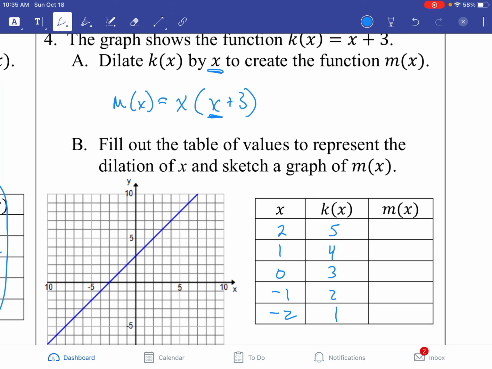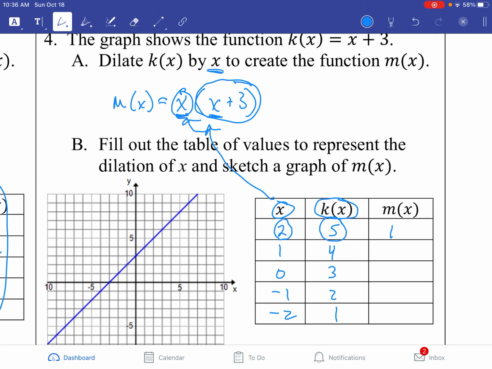We'd have the x value, which are these. Okay, and that gives us the k of x, but now we're going to multiply by the same values again for this x. So we're going to take this term, x, and multiply by k of x to give us m of x. Because we're multiplying this function by the x value, which is there.